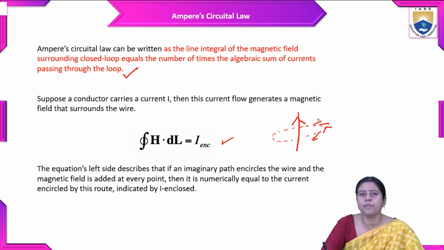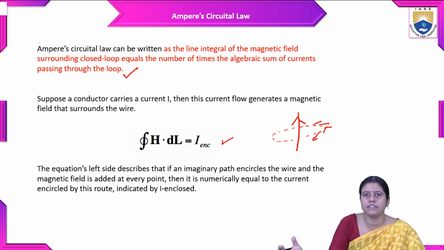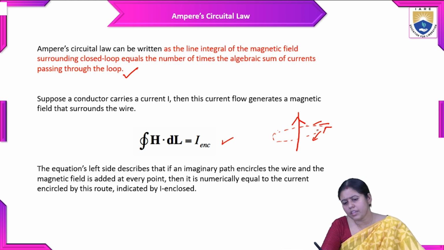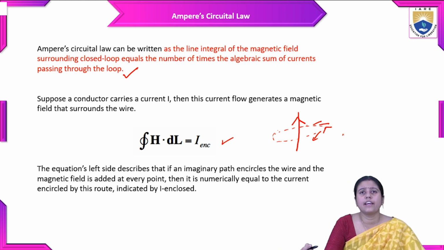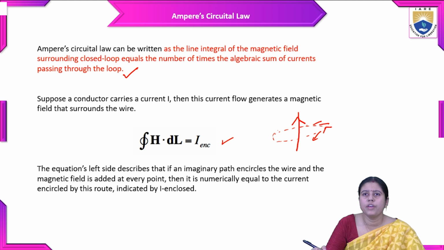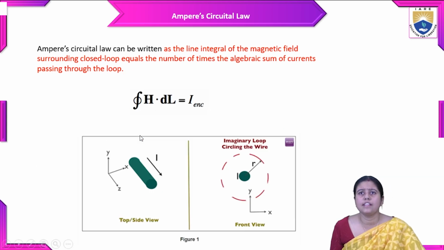If we take the integration, the continuous addition, of each point, we can write H dot dl is equal to I enclosed. This is Ampere's law.